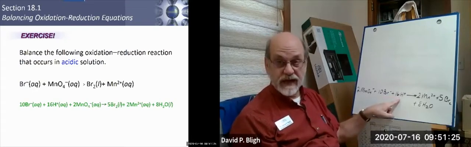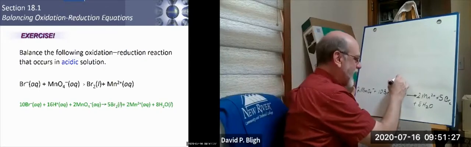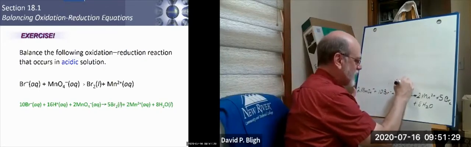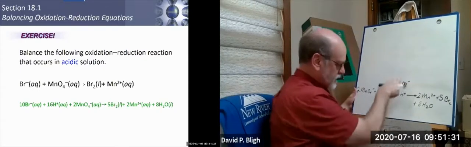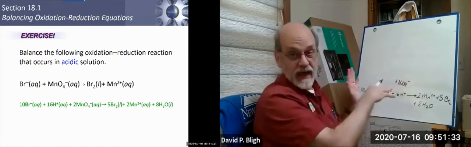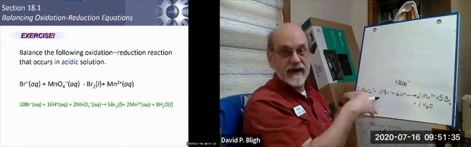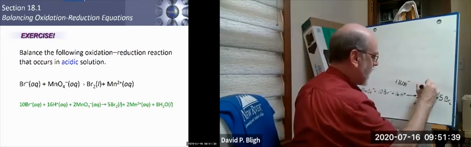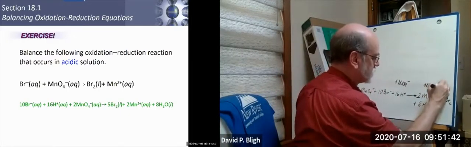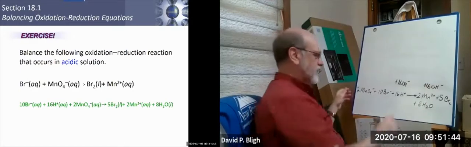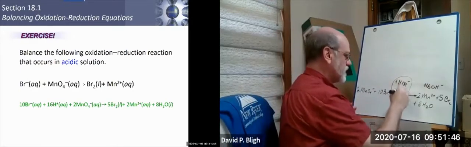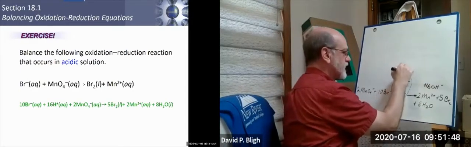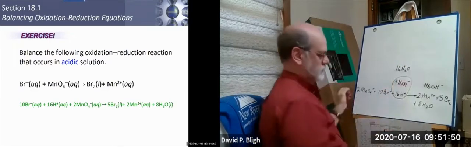We need 16 hydroxyls. So if we add 16 hydroxyls to this, we've got to add it on both sides. We can't just add it to one side and not balance it on the other. So on this side, we add 16 hydroxyls.